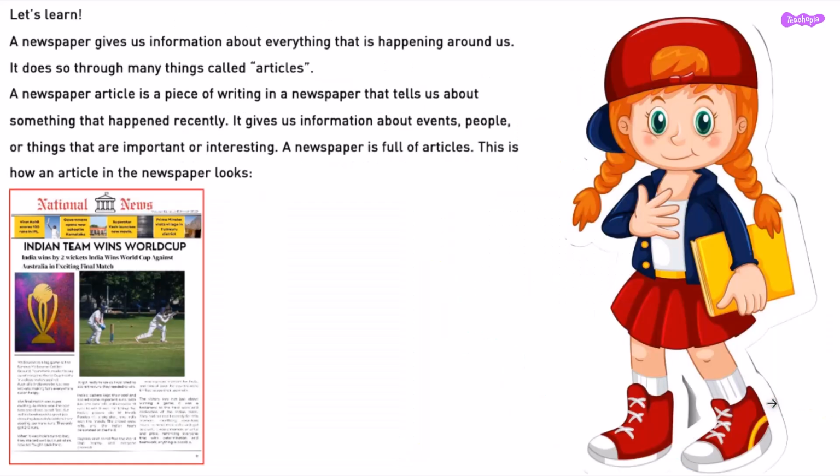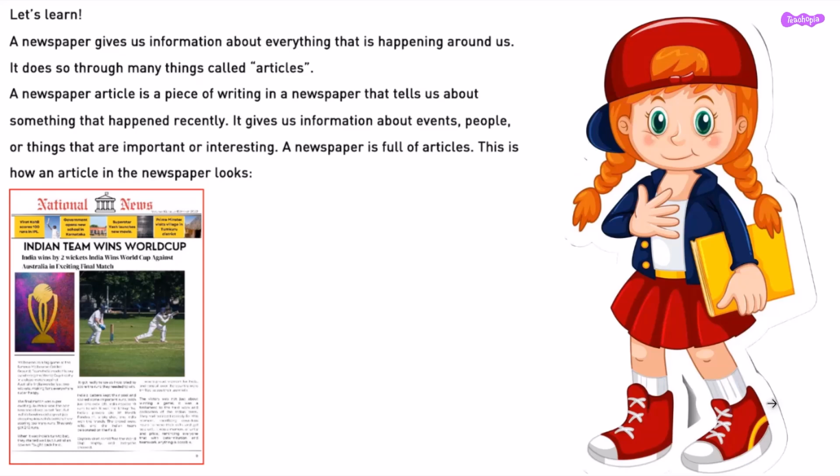Moving on, as facilitators, you can brief your learners about what a newspaper is all about. A newspaper gives us information about everything that is happening around us. It does so through many things called articles. So, here we go. We are going to introduce the topic of articles by means of a newspaper.